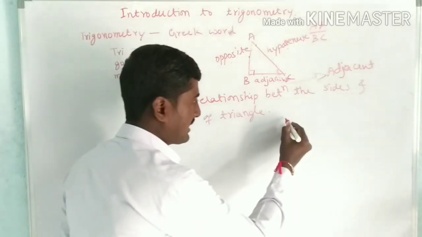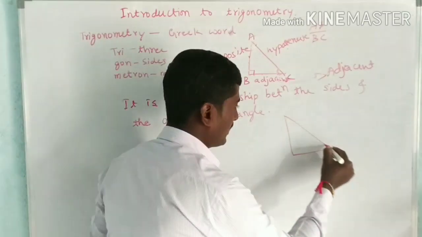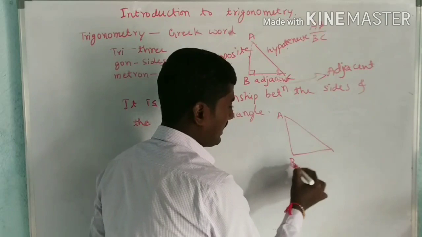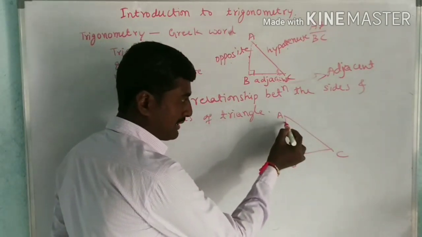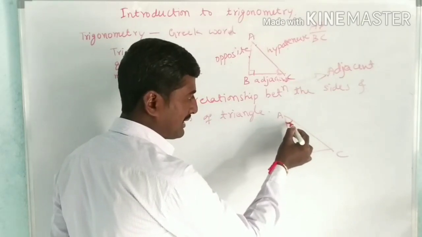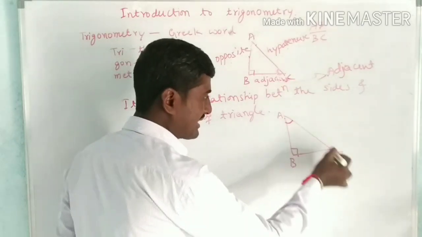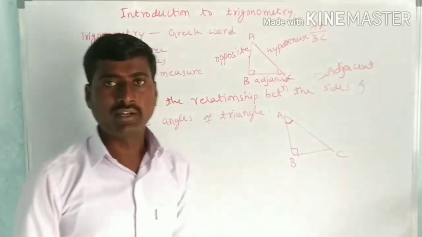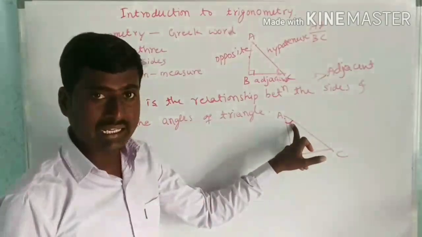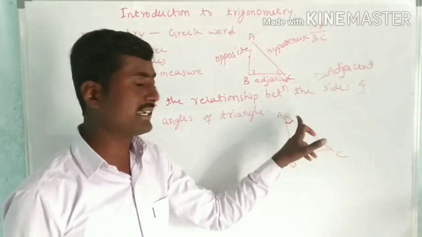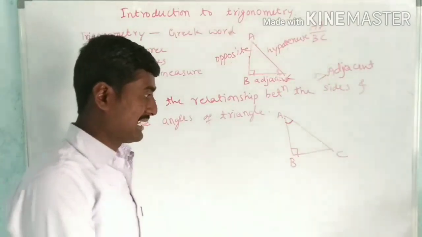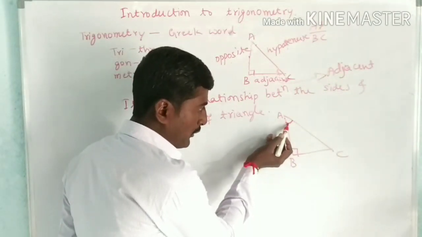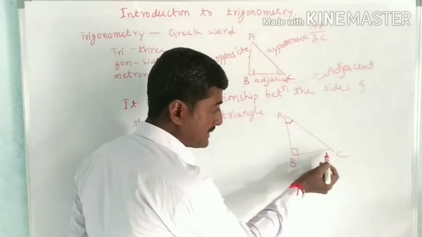Now let us take another right angle triangle. Now this is angle A, B, and this is angle C. Now I am going to find the relationship between the angle A and the sides of the right angle triangle. In this case, what are the sides? If you are going to find this angle, then BC will be what?